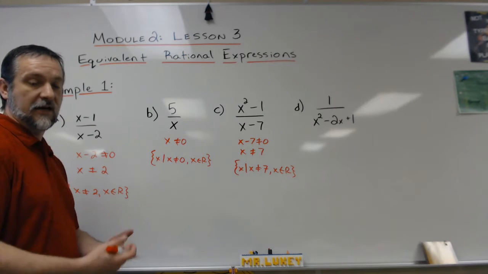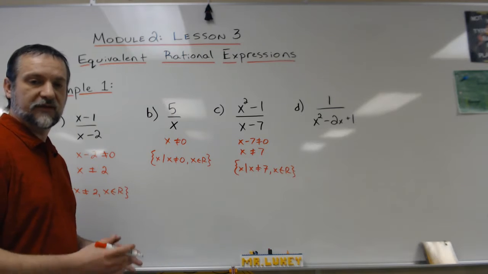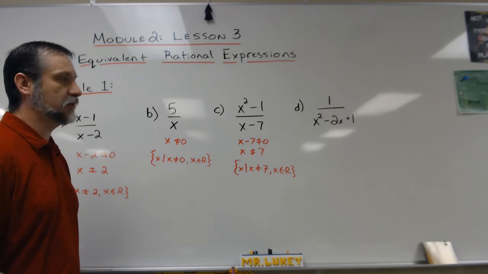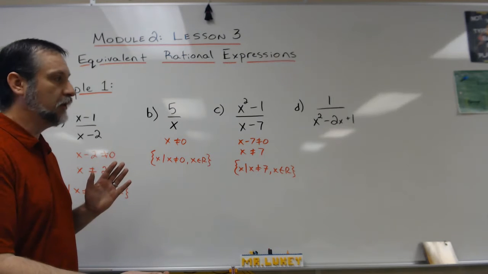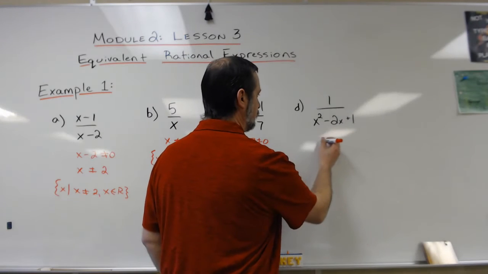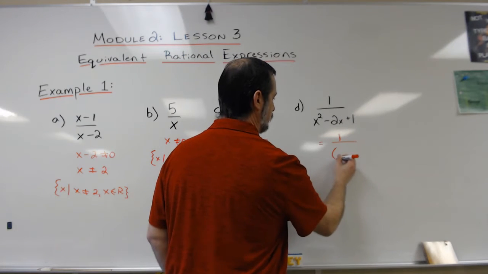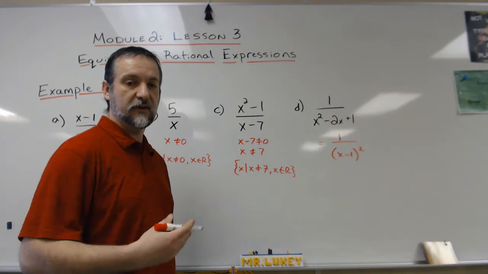The most complex one we're going to run into here is the x squared minus 2x plus 1. How do we figure out what x cannot equal here? Well, we have to factor this. We have to simplify this, right? So we can take the x squared minus 2x plus 1, and we can say that will break into x minus 1 squared, as it turns out. So it's x minus 1 times x minus 1.